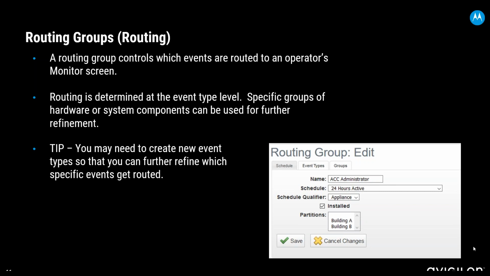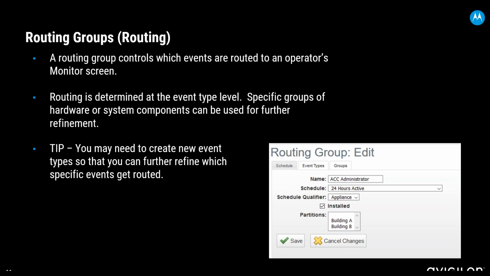So within an event type, you may have several different individual events within that event type. So keep that in mind. We don't filter on the event level, we filter at the event type level. And then we give you the ability to do some additional filtering by applying groups. So remember, you can do groups of hardware, you can do groups of identities, so on and so forth.